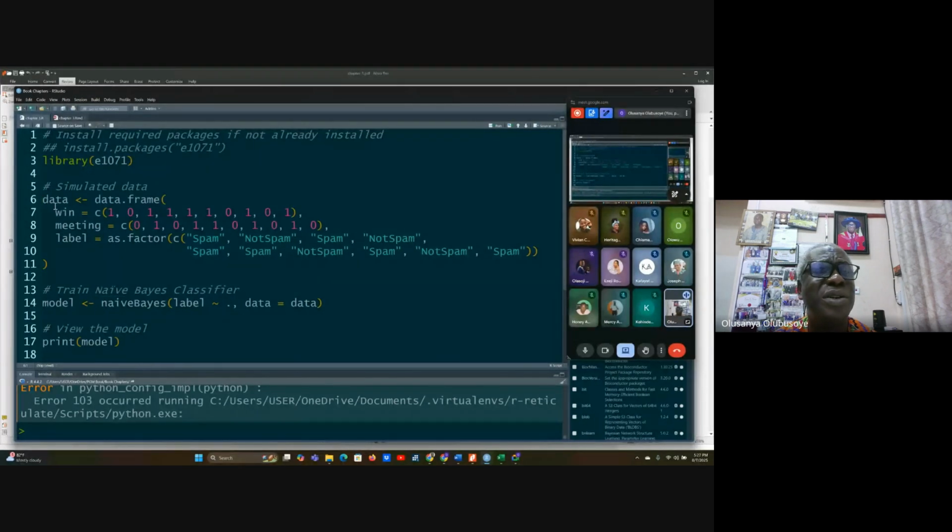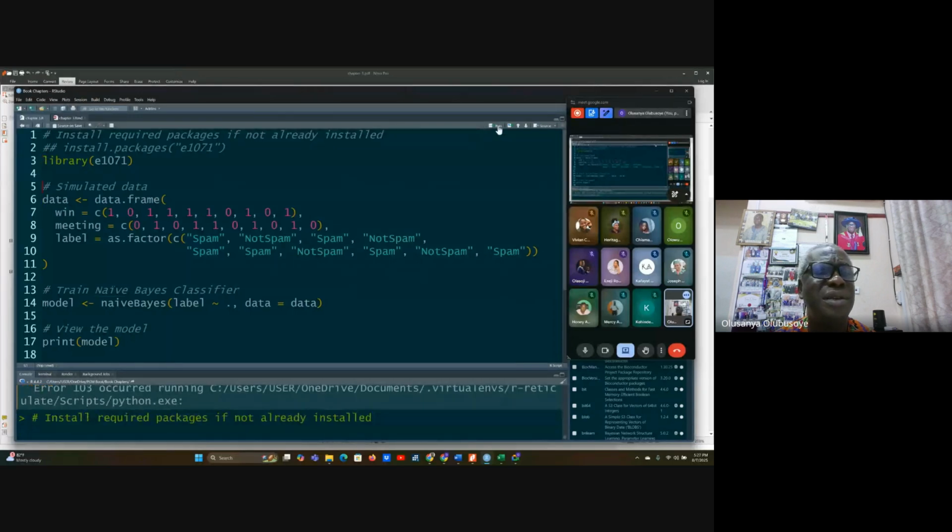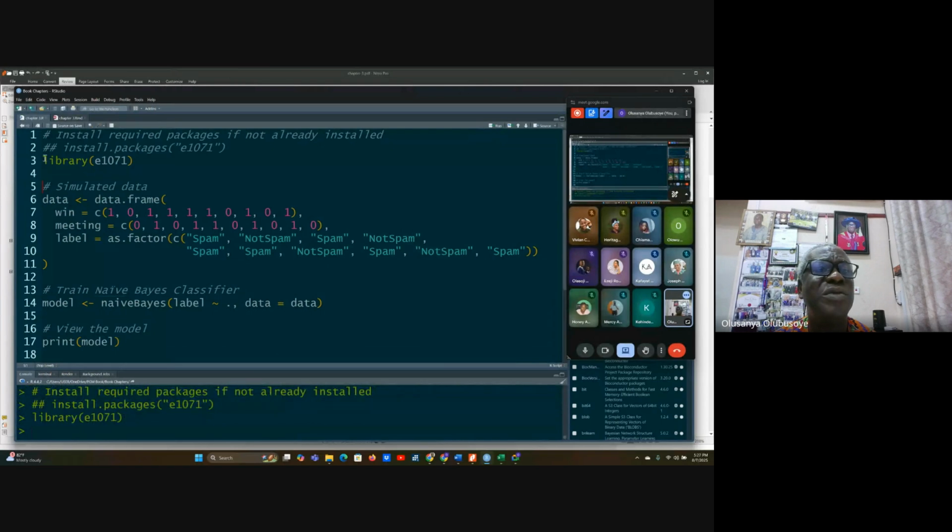But this option is only good when the data is very small, when you have just very few observations. So you can run this. The first step is to load the package, which is e1071.